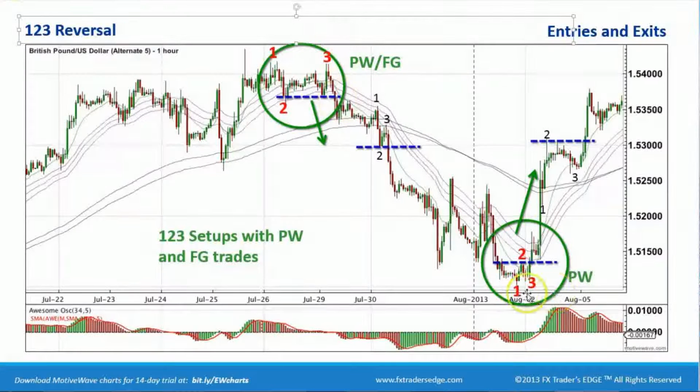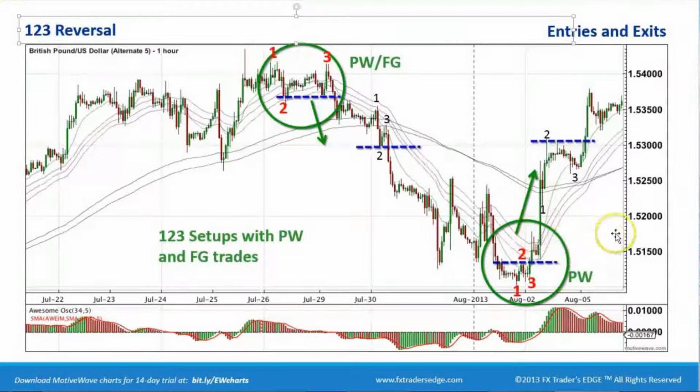Down below, once the 5-wave sequence ends with divergence, and we see the nice divergence here, we have a 1, 2, 3 pattern setting up as well. We have point 1, point 2, point 3. Once price takes out the blue horizontal line, it's up and away for another fill the gap trade.